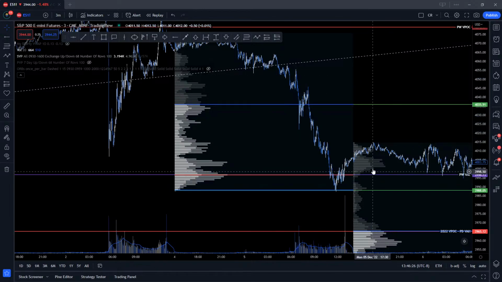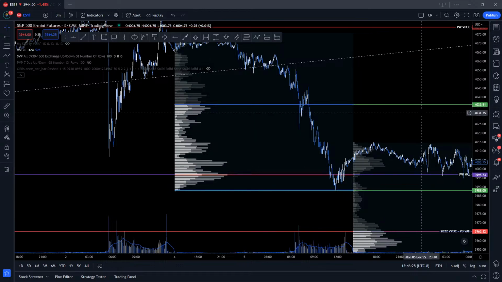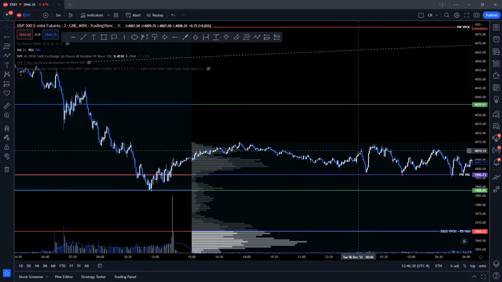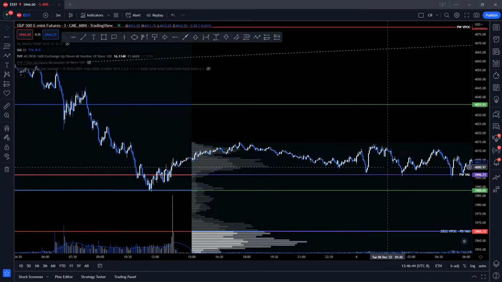And you can do the same thing with the POC. You can take retests of the POC. If you look here, this is our test of the POC. It came back up, boom, you would enter long here. And that gave you almost a 10-point move on ES, which is just money if you're playing. Actually, I think it gave more than a 10-point move.